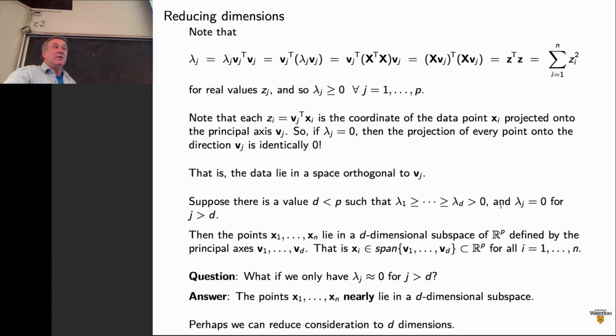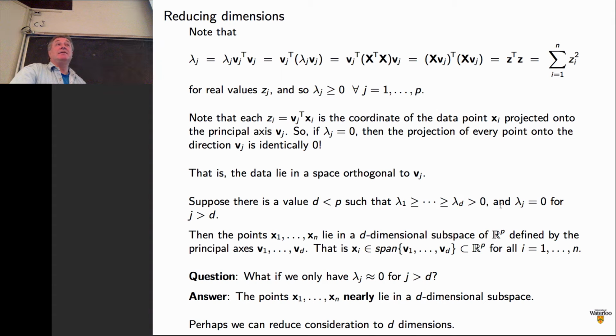Right? You want to think about, if I've got a direction that everything projected onto it has length 0, then I know the data must live in a space orthogonal to that direction. Because that's the only way I project down to 0, because they're non-zero vectors. Right? If I have some number of those, and they're all orthogonal to each other, well, they all define a space.